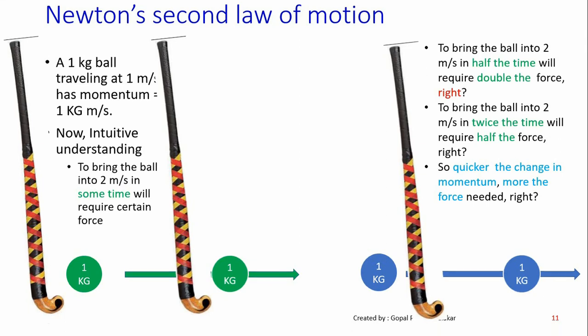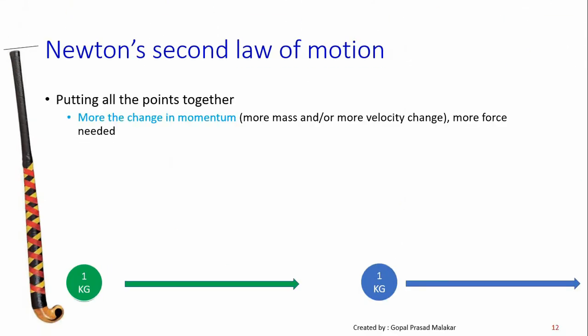If you put together all three things, what you realize is that more change in momentum, more mass or more velocity change, more force is needed. And the quicker the change in momentum, so if you want to change the momentum in 10 seconds, whatever force you require, if you want to change it in 5 seconds, you'll require more force.